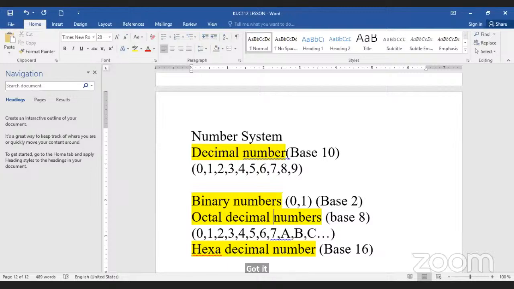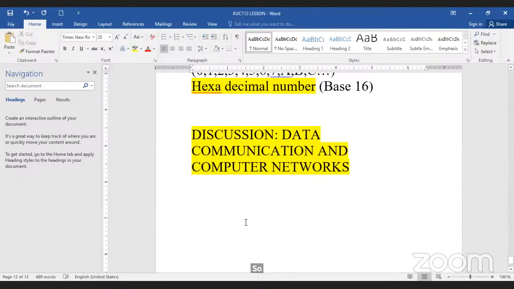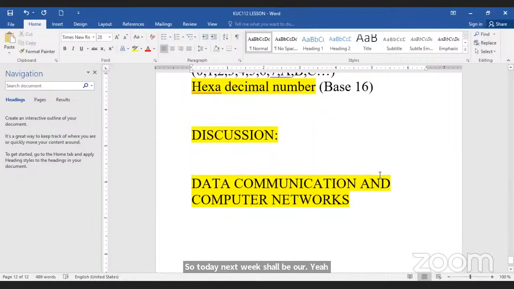Then we are supposed to have a look at data communication and computer networks.